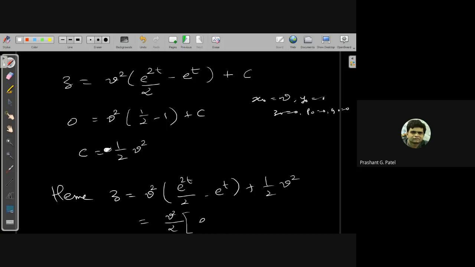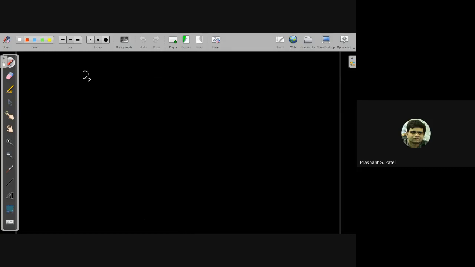The quantity left is e power 2t minus 2 into e power t plus 1. So this quantity leads to z is equal to v square by 2 into (e power t minus 1) whole square.